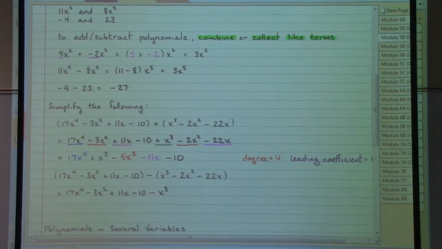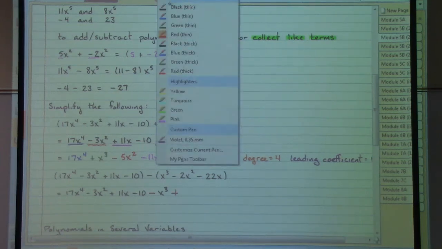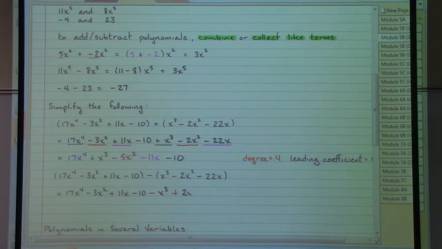Our minus with the negative 2x squared would turn into a plus 2x squared. And our minus out in front of the parentheses with the minus 22x would turn into a plus 22x.